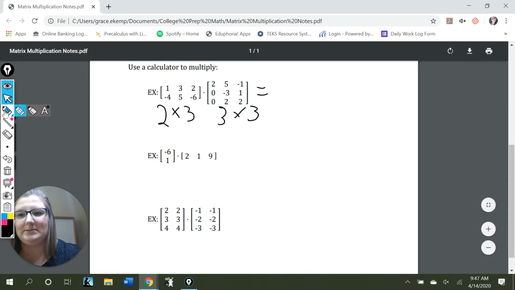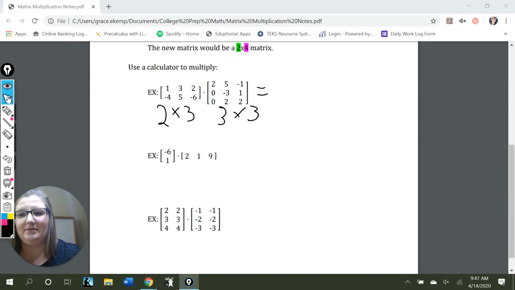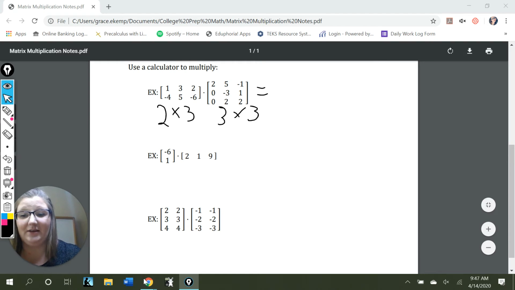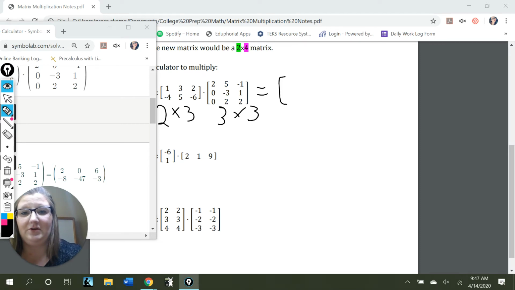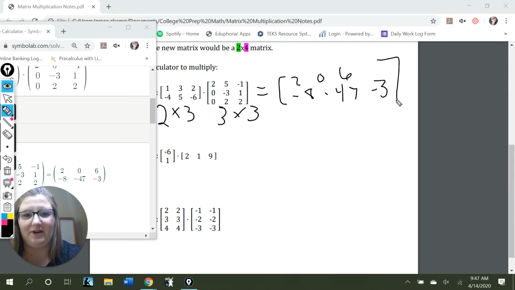And I lost my calculator. Every time, you guys, every time I use technology, you get to watch this happen. Okay. 2, 0, 6, -8, -47, -3. All right. So that would be our first matrix like you see right here.